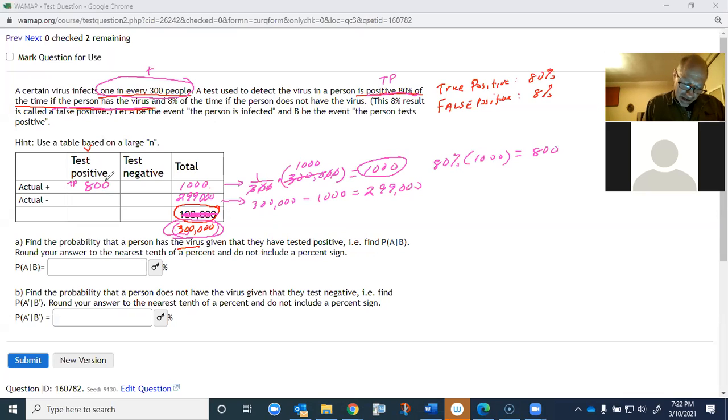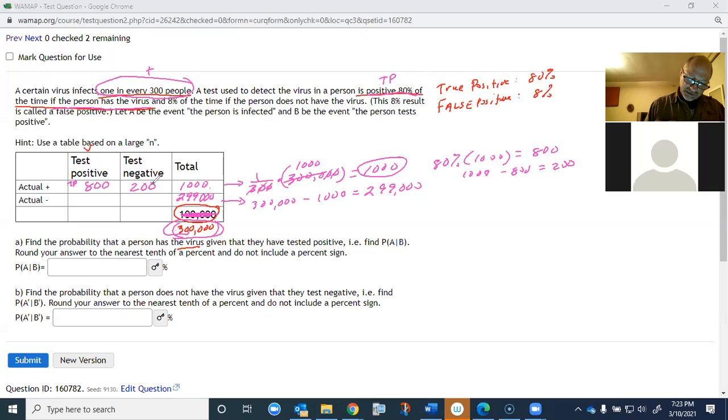Next, how do we find out how many will test negative? Well, a simple way is to take, since this is the actual positive row, and we know there's a total of 1,000, then this value must be 1,000 minus the 800. So 1,000 minus 800 is 200, and that's how we get this value. If you remember, we had a 20% for the negative testing, false negatives.